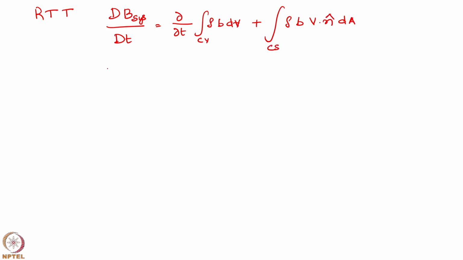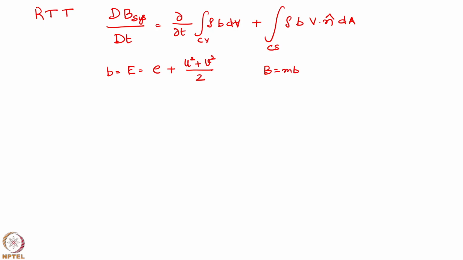Now, B is E, the thermal internal energy E, plus kinetic energy u squared plus v squared by 2, so B equals mB.